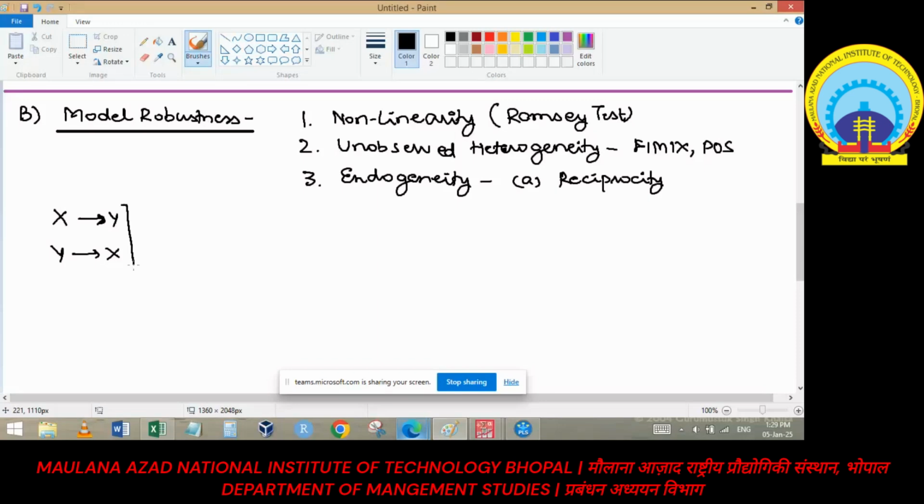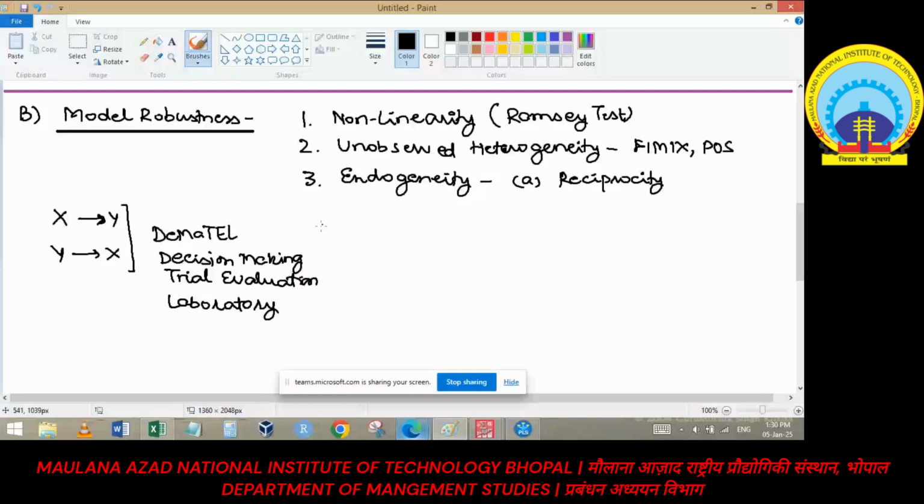So there is one technique which actually gives you an idea about reciprocity, that is called DEMATEL. DEMATEL stands for decision making trial and evaluation laboratory. This is one part of MCDM.